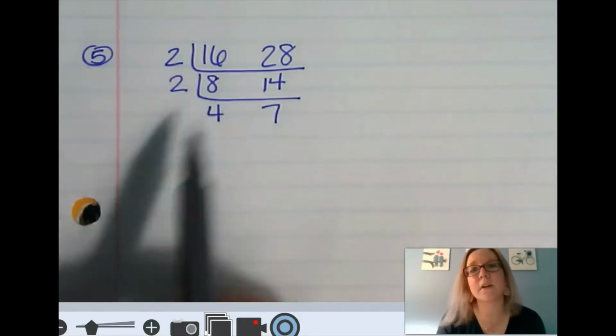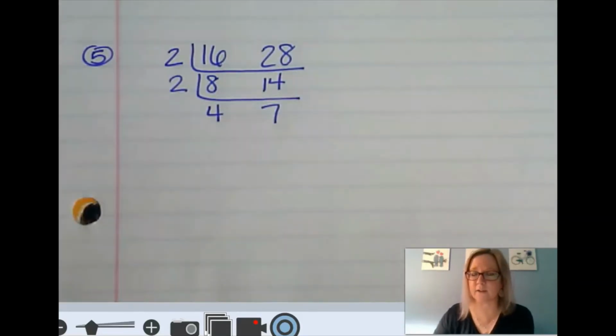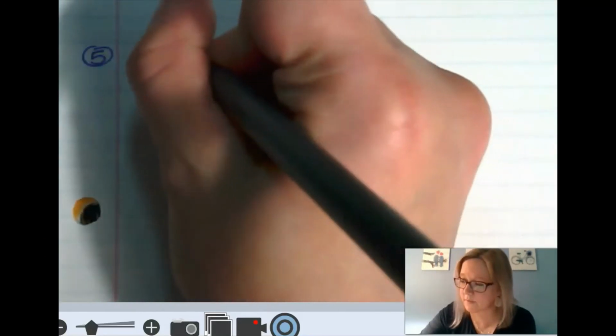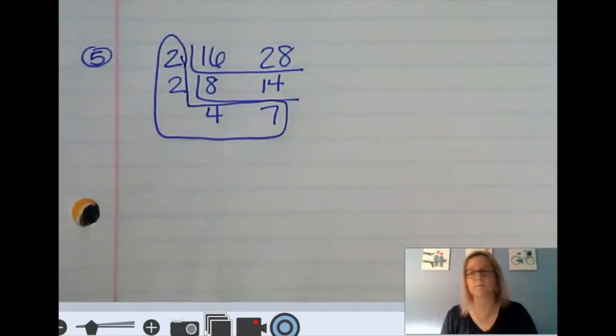Okay, I'm going to stop here because the numbers at the bottom only have a common factor of 1, and of course if I divide by 1, it doesn't change the value. So for greatest common factor, remember we multiply what's on the left. But for least common multiple, we multiply everything outside the sled and it makes a little L shape. Okay? That's backwards for y'all, isn't it? Yeah, it makes an L shape.